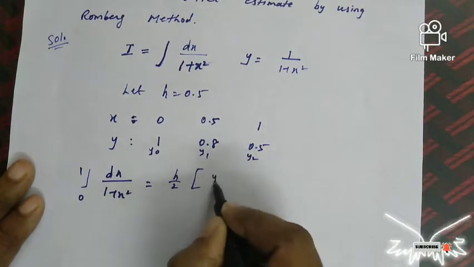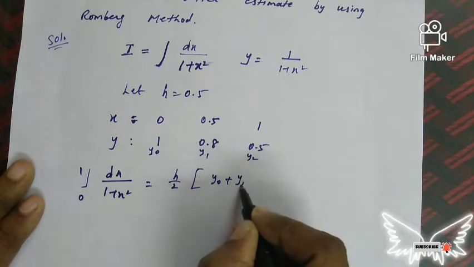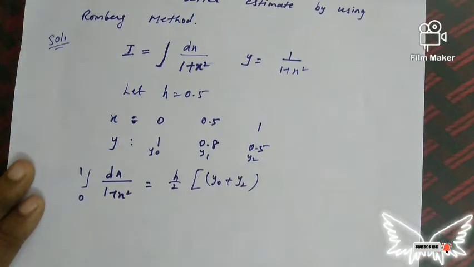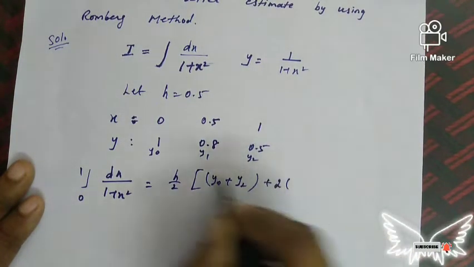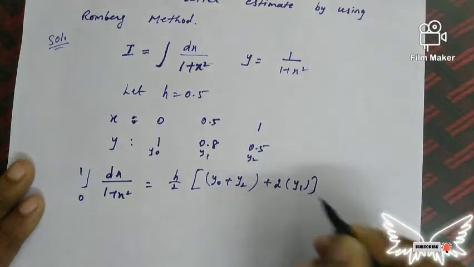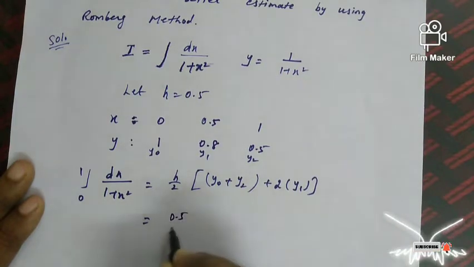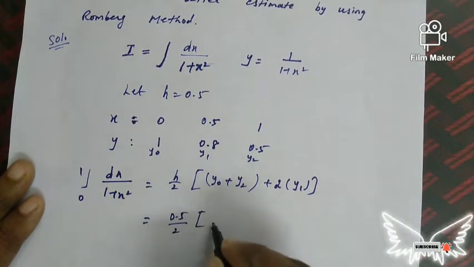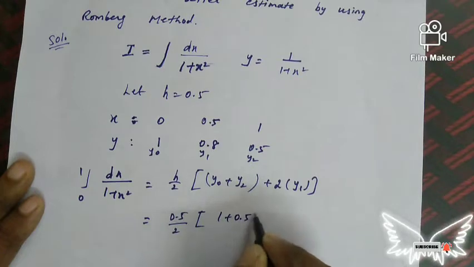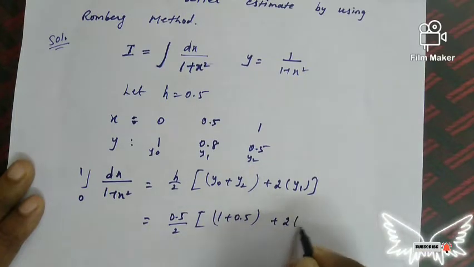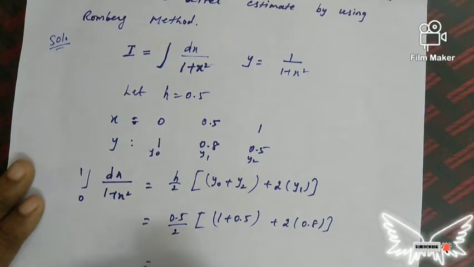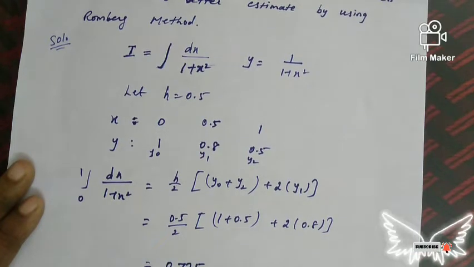So y0 plus yn, that is y2, plus 2 into the remaining values. The remaining value is only y1, so 2y1. With h is equal to 0.5, substituting all the values: 0.5 by 2, y0 is 1 plus y2 is 0.5 plus 2 into 0.8. Using a calculator we get the value as 0.775.